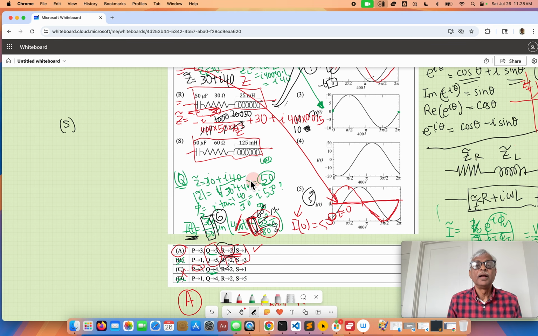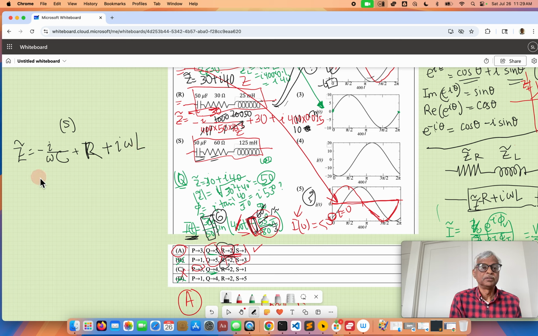So S also has 3 elements. So I get minus I over omega C plus just R plus I omega L. Okay, so minus I times 1 over omega is 400, and this is 50 microfarad, which is 10 to the power minus 6.